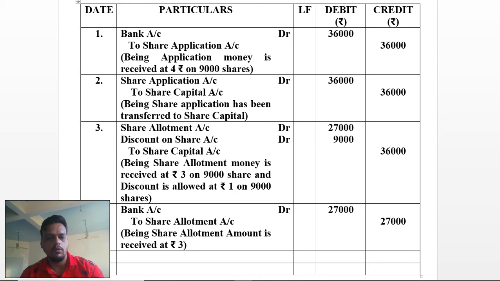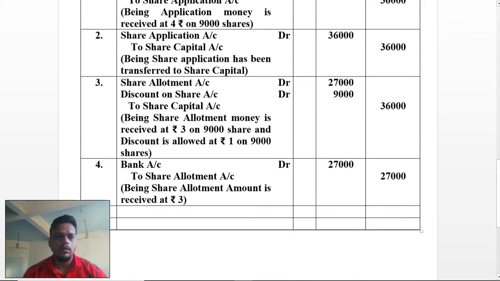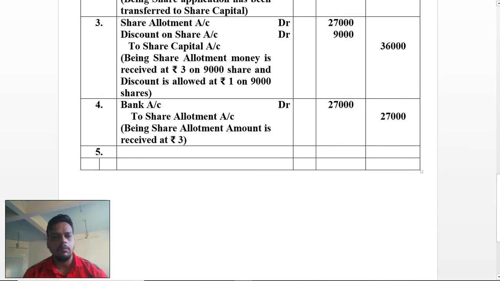Now we are going with the fifth entry. In fifth entry it has been mentioned that first and final call 2 rupees on 9,000 shares. Here we go with the entry number 5. In that first we will do transfer.